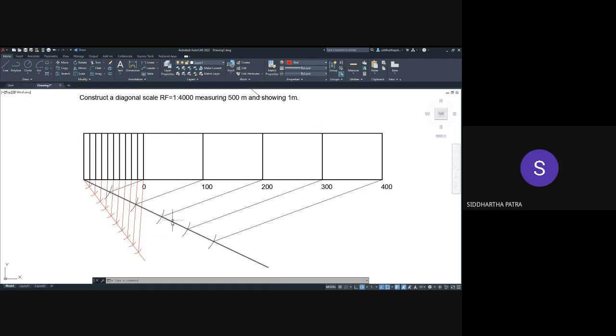So each segment would be 10 meters. This is what we are doing now.